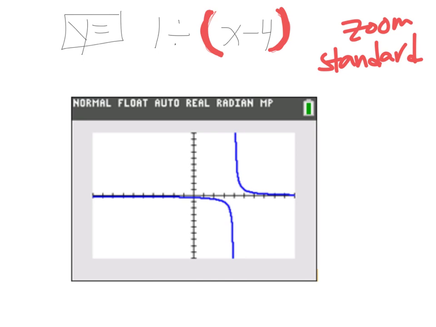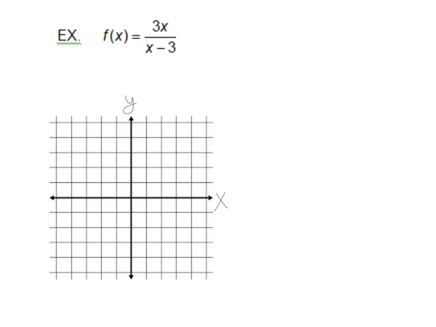So where those curves are, we're going to go back to our f of x equals 3x over x minus 3. The x-intercept, you set the top equal to 0, 3x equals 0, and divide, x is 0.